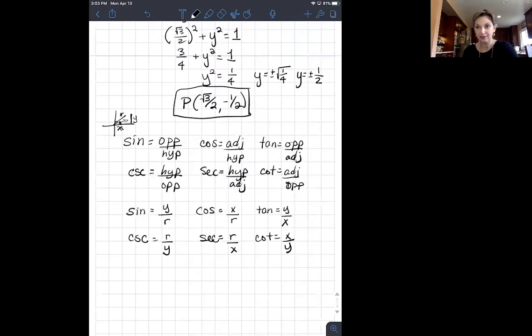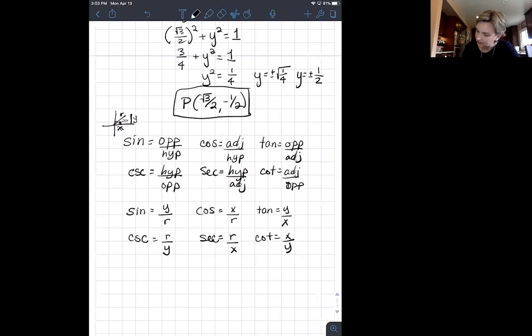Now, we're specifically working with the unit circle here. And in the unit circle, our radius is 1. So I can simplify these even a little bit more by making my radius 1.